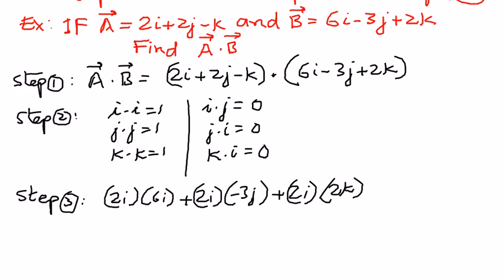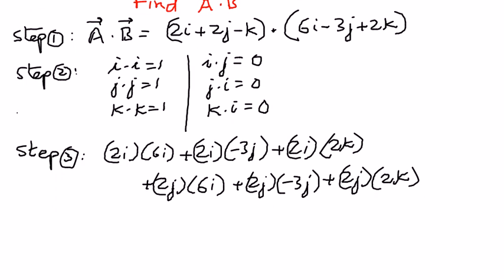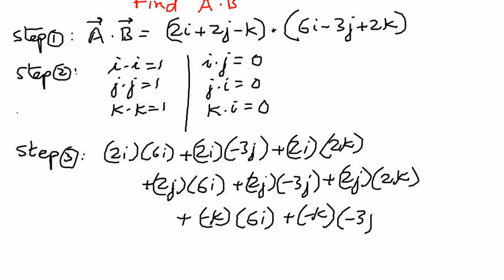Then we'll go to the second component of the first vector, which is 2j times 6i plus 2j times negative 3j plus 2j times 2k, and then the next element would be negative k times 6i plus negative k times negative 3j plus negative k times positive 2k.